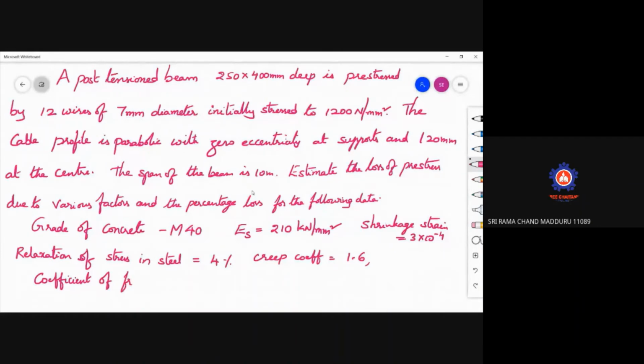Coefficient of friction between cable and duct is 0.55.